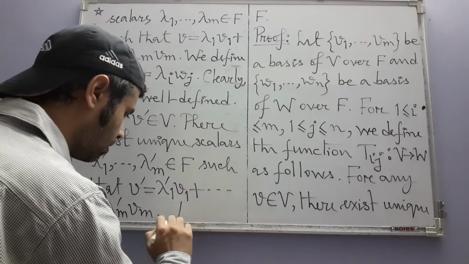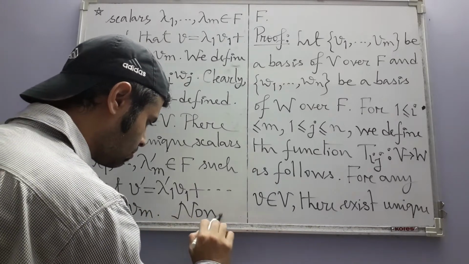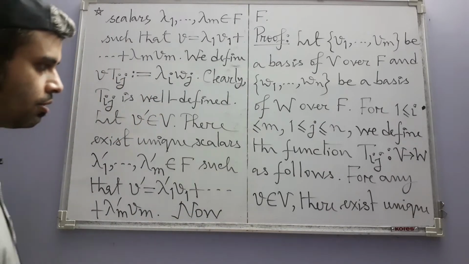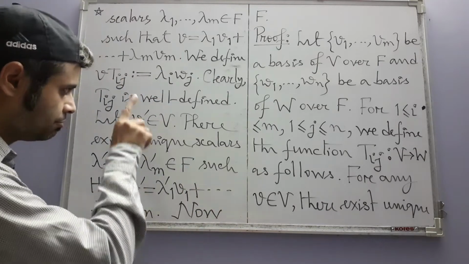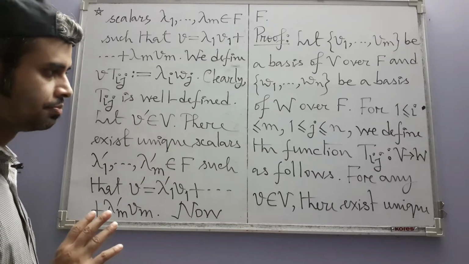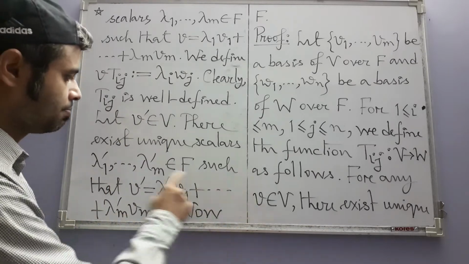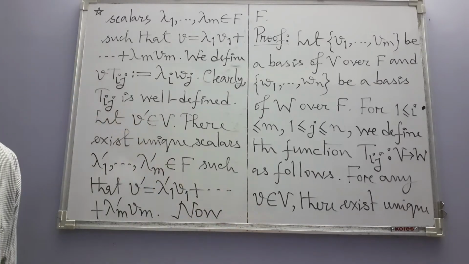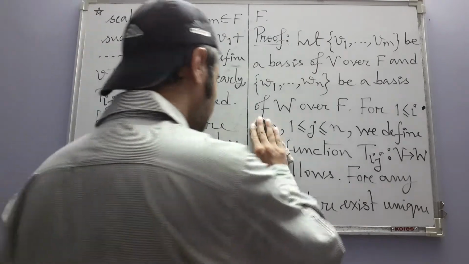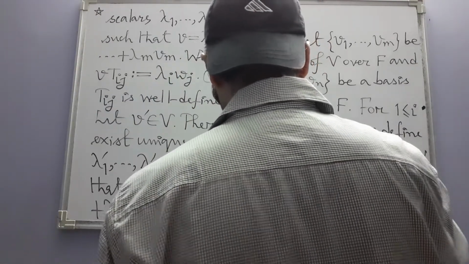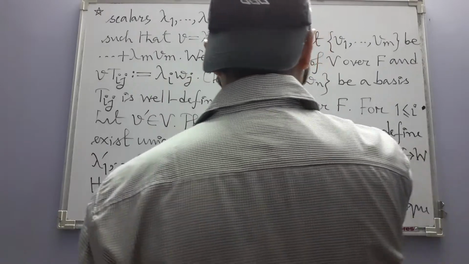Okay, now we are going to apply Tij on v plus v prime, in an attempt to prove that Tij respects vector addition.